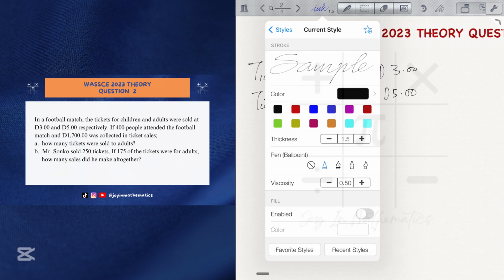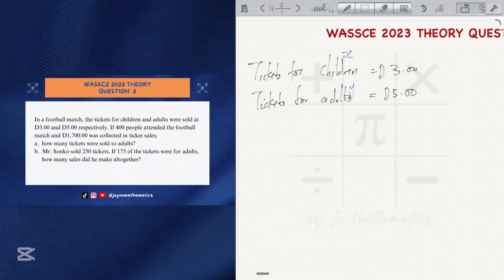So if 400 people attend the football match, that means the total number of children and adults, X plus Y, is equal to 400, and $1,700 was collected in ticket sales.